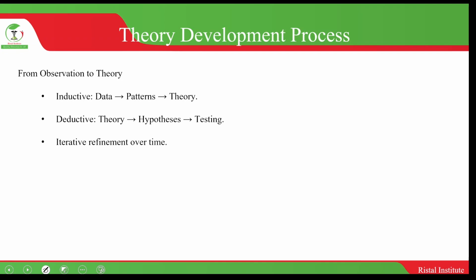So how do we get theories? There are two ways, mainly, and then there is this third one: inductive and then deductive. This one usually, deductive, aligns very well with the scientific approach that I explained yesterday.